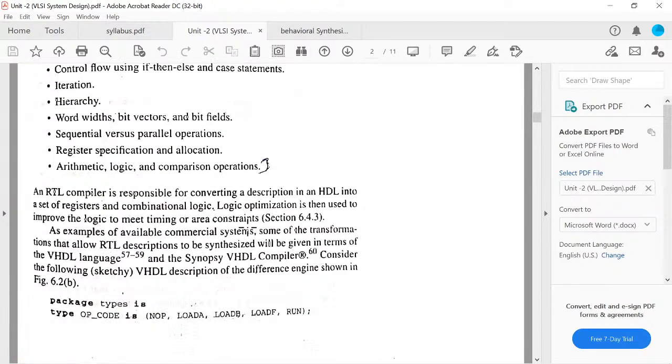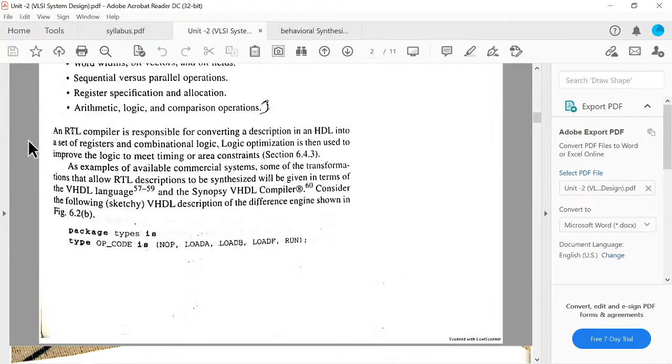Okay. I think you are all aware of the VHDL and Verilog languages. For designing any algorithm, first you have to write the code in VHDL.